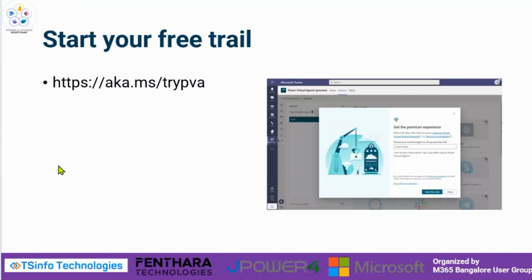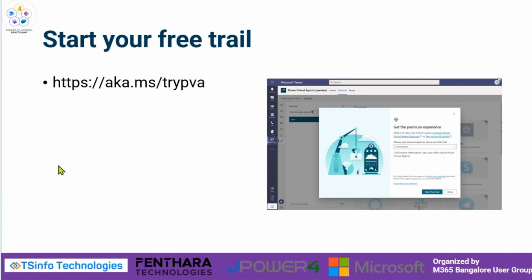If you have not already tried, you can go to this URL, which is aka.ms/tryPVA. There is a 1 month trial which would be enabled for you. You can extend the same trial to 3 months, and you would be able to create your own Copilot Studio bot and try the capability which is there.